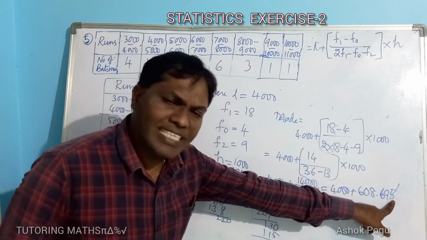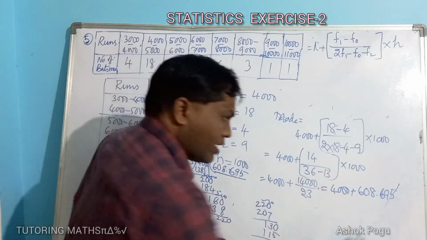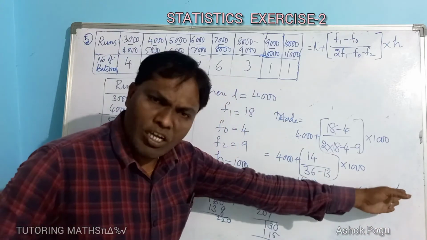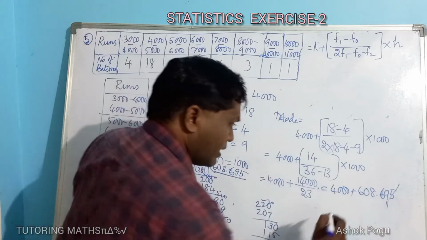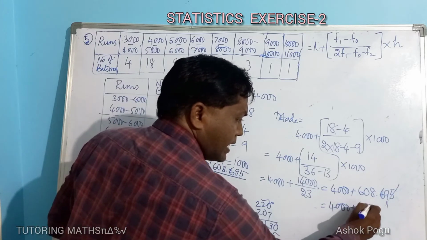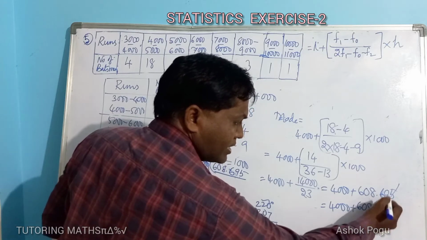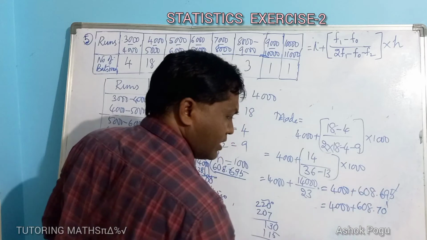If the last decimal place value is equal to 5 or greater than 5, you can add 1. That is equal to 5, so add 1. Then it becomes 4,000 plus 608.7, since 1 added to 69 means it becomes 70.